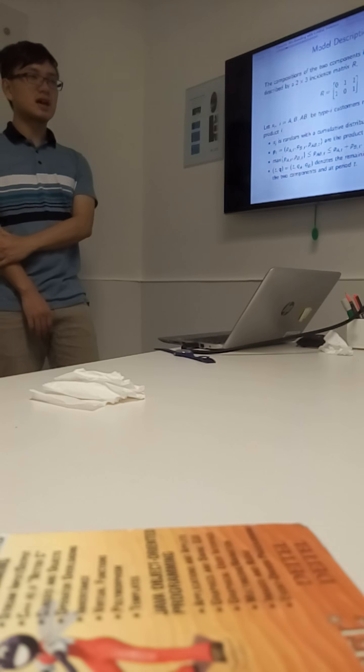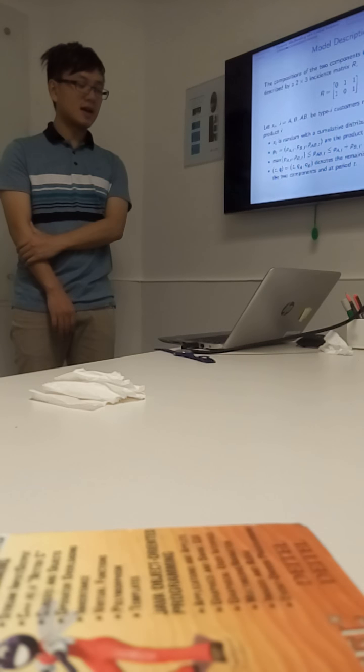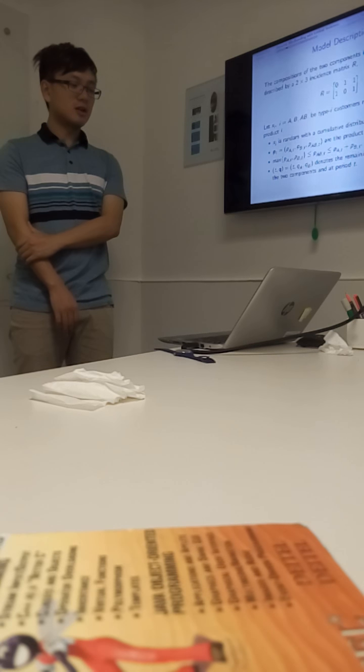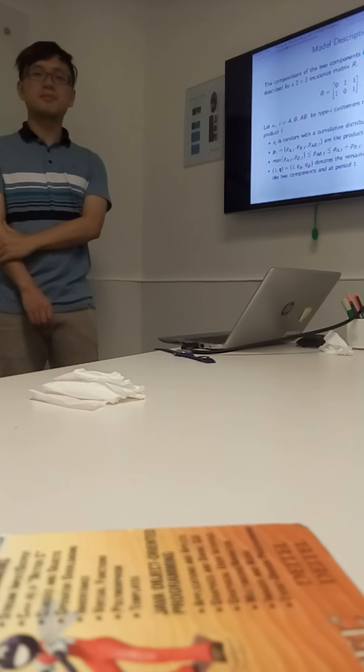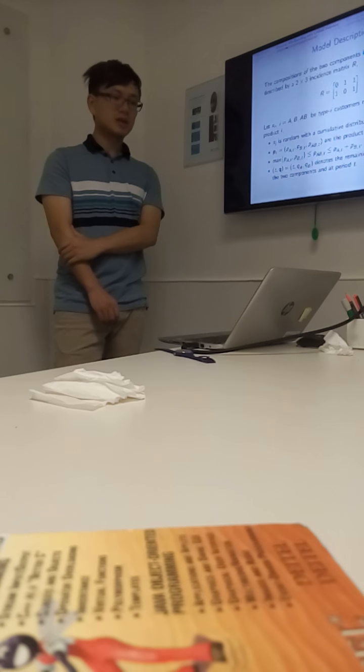We assume that Xi follows the distribution Fi, and the prices are represented by PA, PB, and PAB.